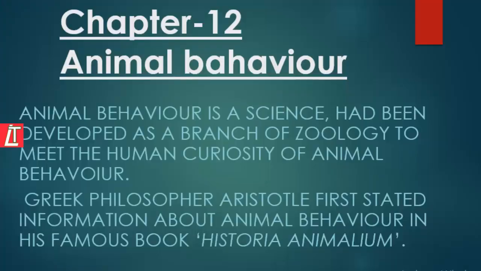Animal behavior. Animal behavior is a science that has been developed as a branch of zoology to meet human curiosity about animal behavior. The Greek philosopher Aristotle first stated information about animal behavior in his famous book Historia Animalium.